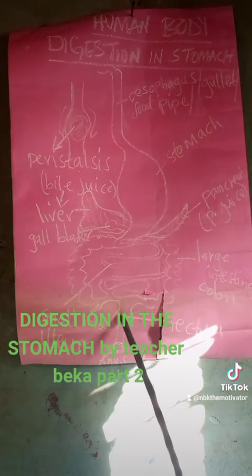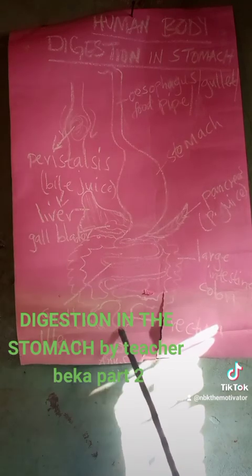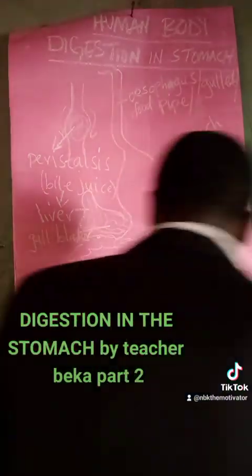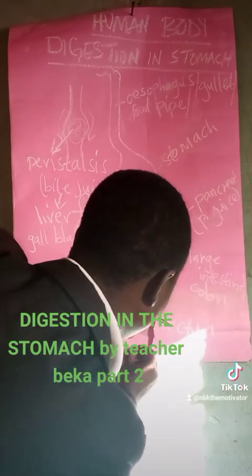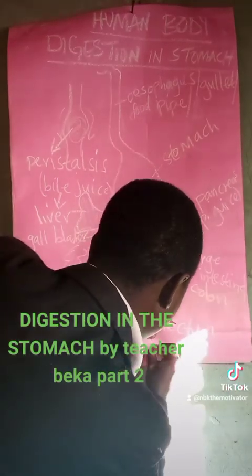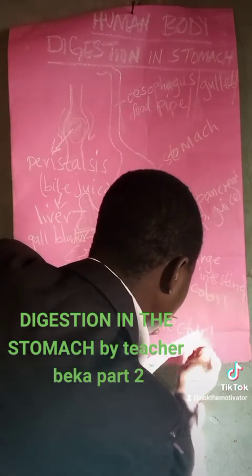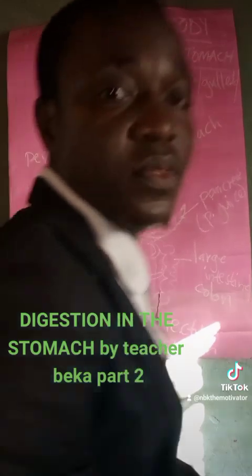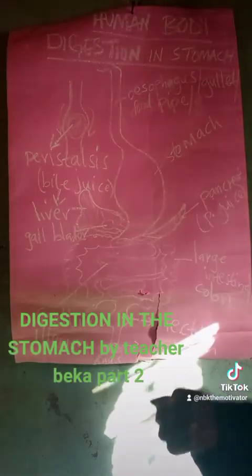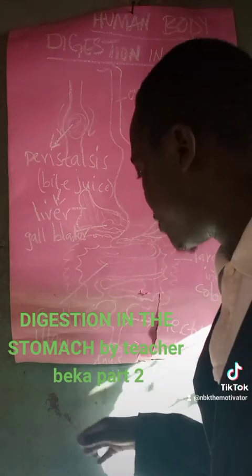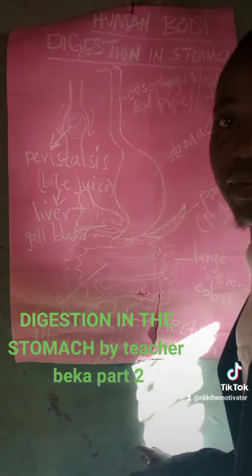The removal of undigested food is known as egestion. Remember, we said putting food in the mouth is known as ingestion, and removing undigested food through the anus is known as egestion, right?